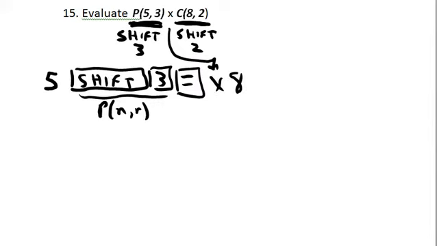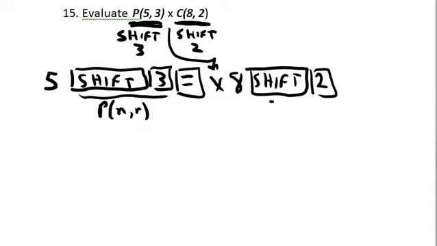Then you have 8, and this is a combination, so it will be shift 2. That's the combination. Equals. And when you do that, you will get the result.